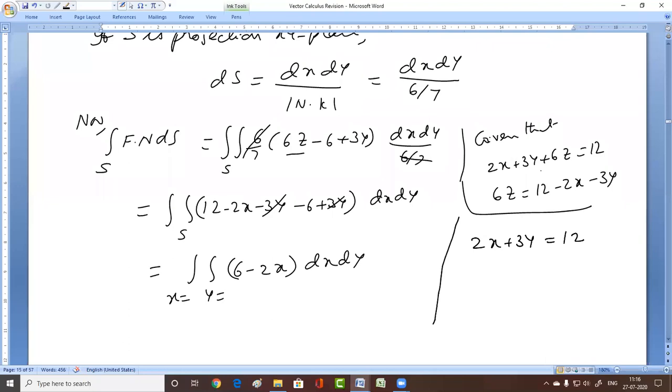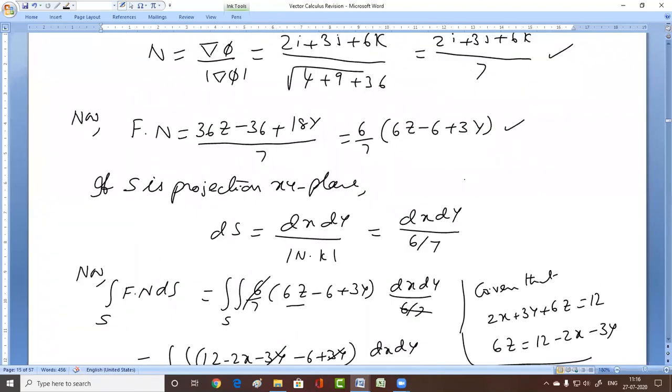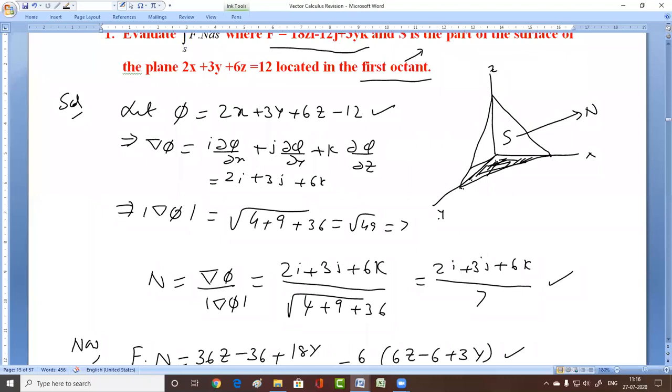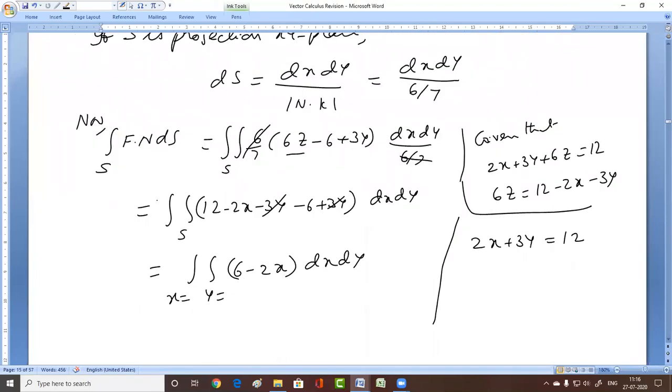Another very important point: if the given surface is in the first octant, the initial limits start from the origin only. Origin to this along the x-axis, origin to the y-axis, origin to the z-axis. The initial limits must be 0.